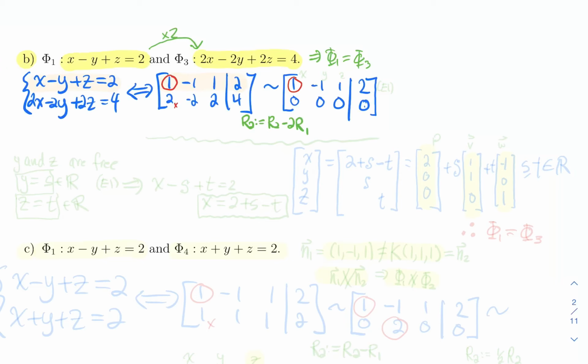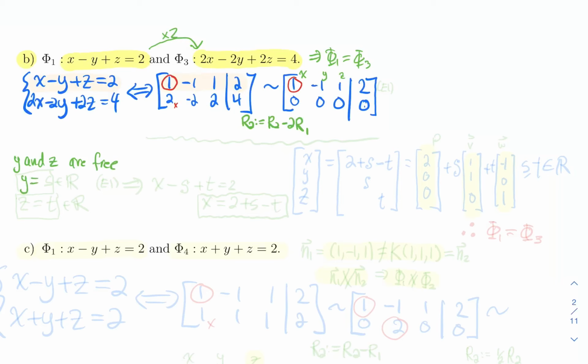Since we just care about the type of solution, we don't normally care about putting it in row reduced echelon form, but since I'm here, might as well write the general solution, because there's a nice remark here. So we have the first column for x, the second column for y, and the last one for z. So here y and z are free, so these two variables are free.